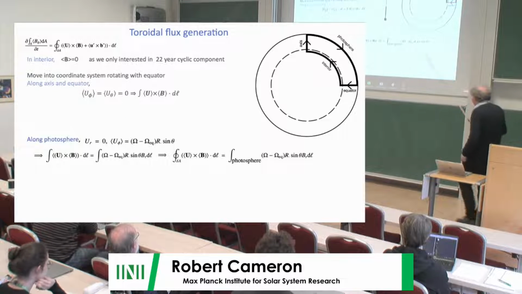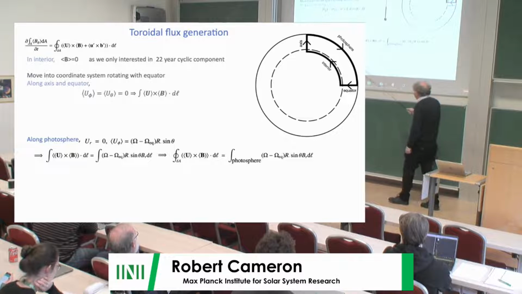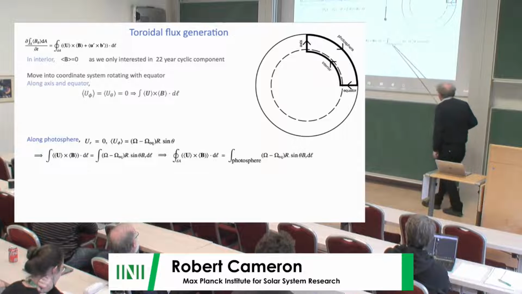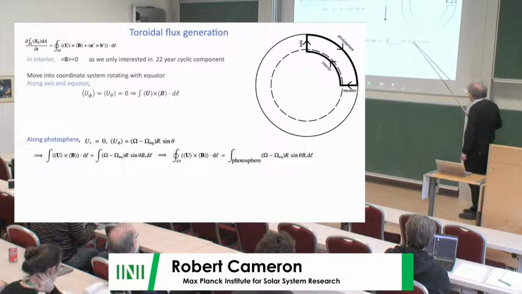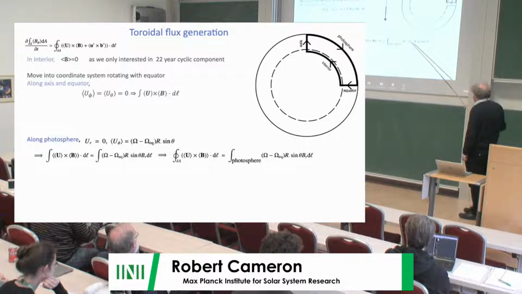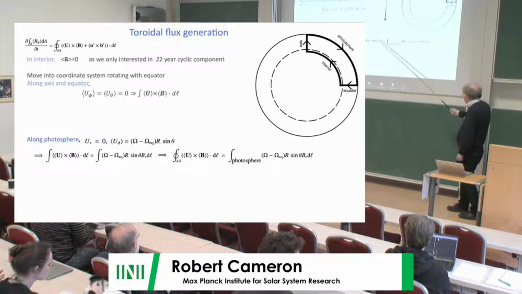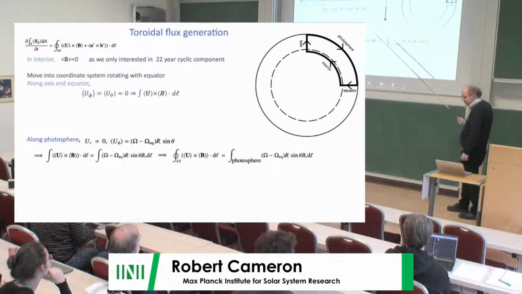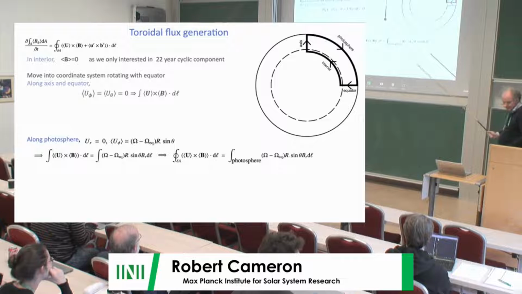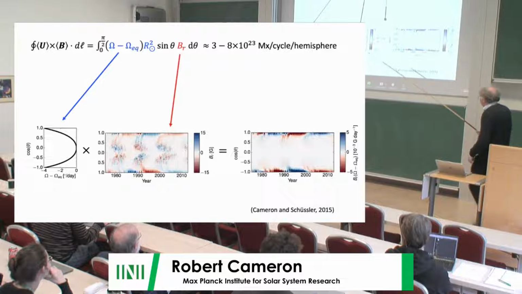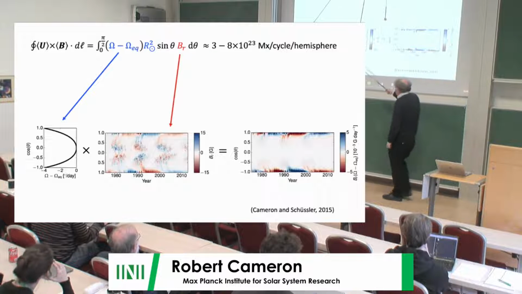What I'm left with at the surface is somewhat ugly. It's the U cross B evaluated at the photosphere, and the terms which remain are the U coming from differential rotation and the radial component of the field. There's of course also a radial component of the velocity, but it vanishes at the surface, so we don't need to consider it. And this has a very nice advantage of being observable. We can observe the differential rotation at the surface.